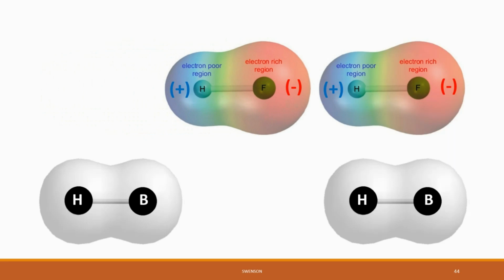So the fluorine, because it's electron rich, may be attracted to the hydrogen side of another hydrogen fluoride molecule. Whereas hydrogen boride doesn't really attract one another because there's not that asymmetric distribution of the electrons.